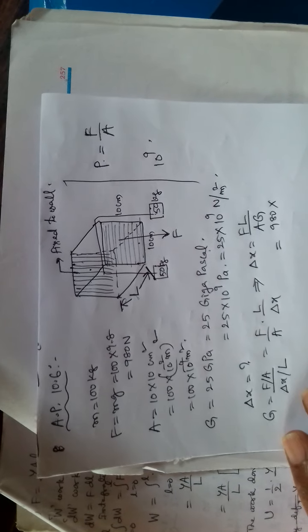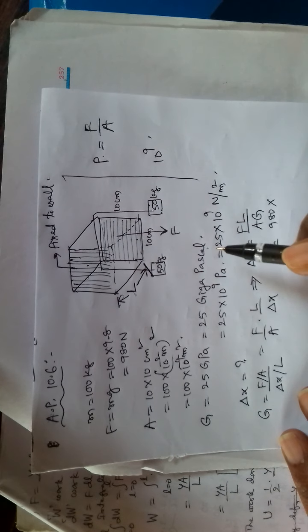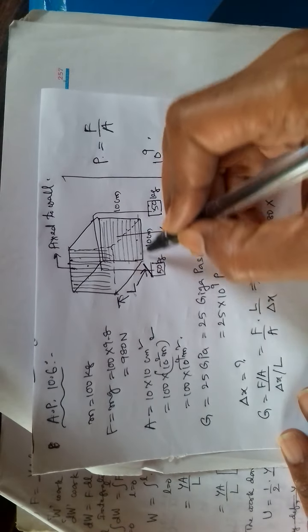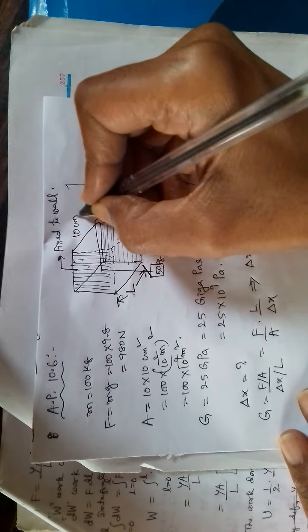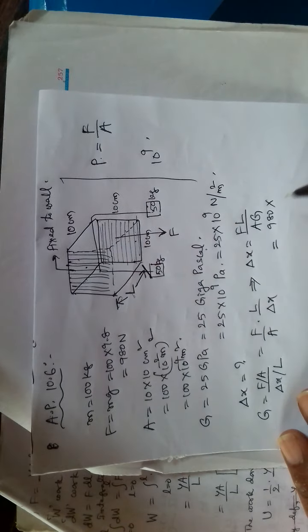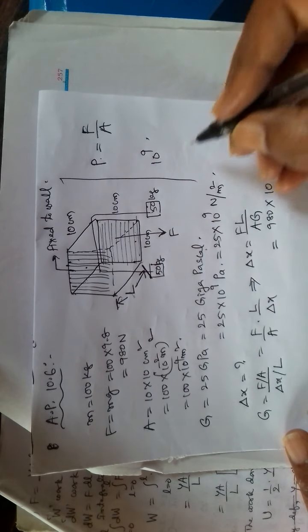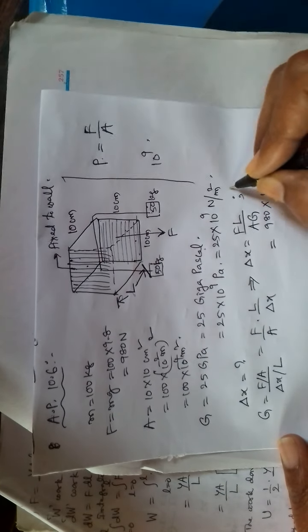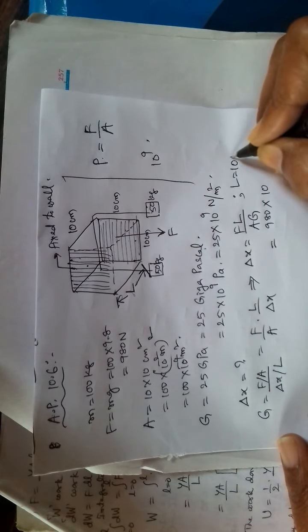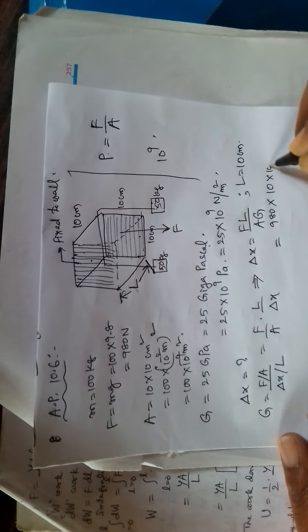This is the perpendicular distance between the two faces. Since this is a cube, all sides are equal. This is 10, this is 10, and this also 10. So here we write L value 10 centimeter, means 10 power minus 2 meter.